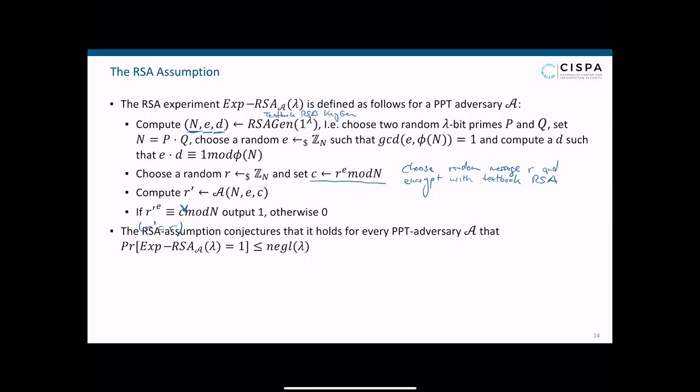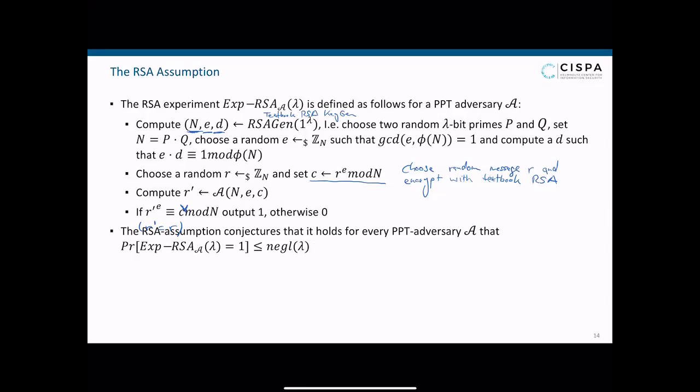So even though RSA is not good directly as an encryption scheme, we believe that if all we were encrypting were really fresh random messages, then it is hard to recover these random messages.